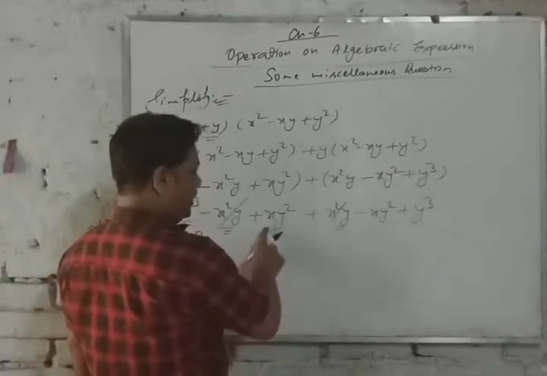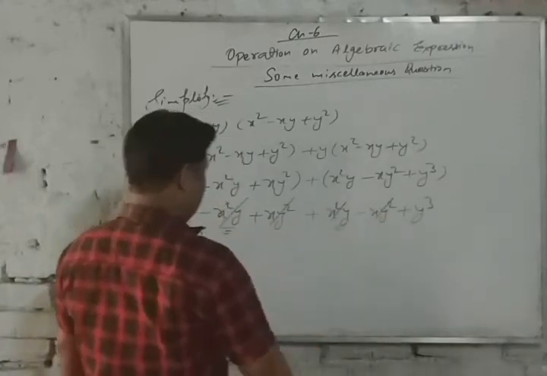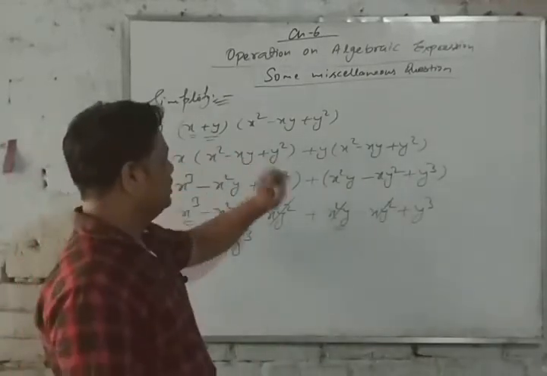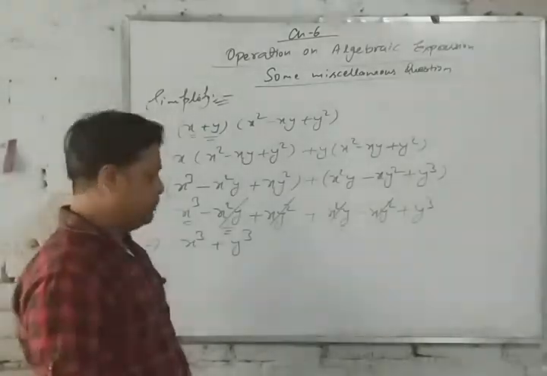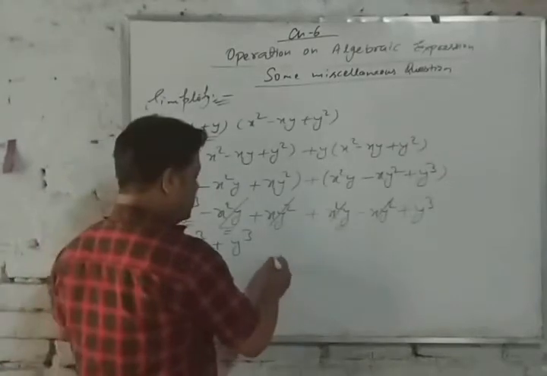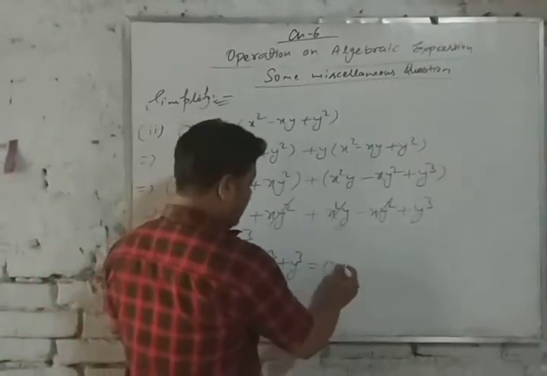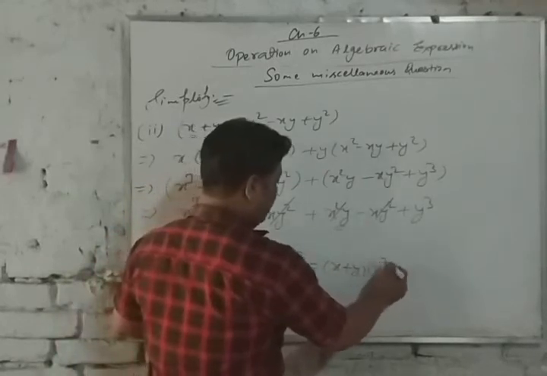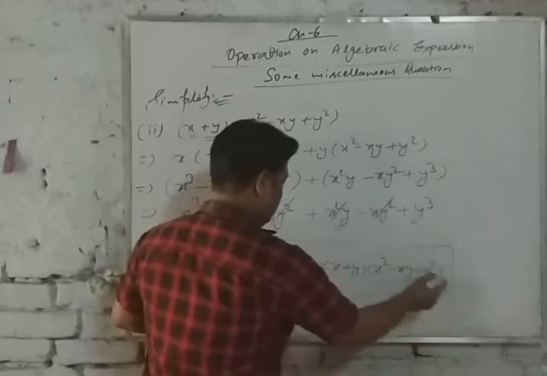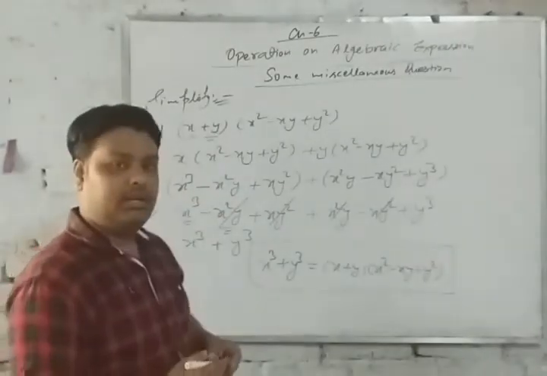Again here, xy square and xy square, one is plus and one is minus, again cancelled out. Now the last term is plus y cube. That is, if you multiply these two expressions, then you will get x cube plus y cube. So we can say that x cube plus y cube is equal to (x plus y)(x square minus xy plus y square). So this is the next identity you have to use in class 9.